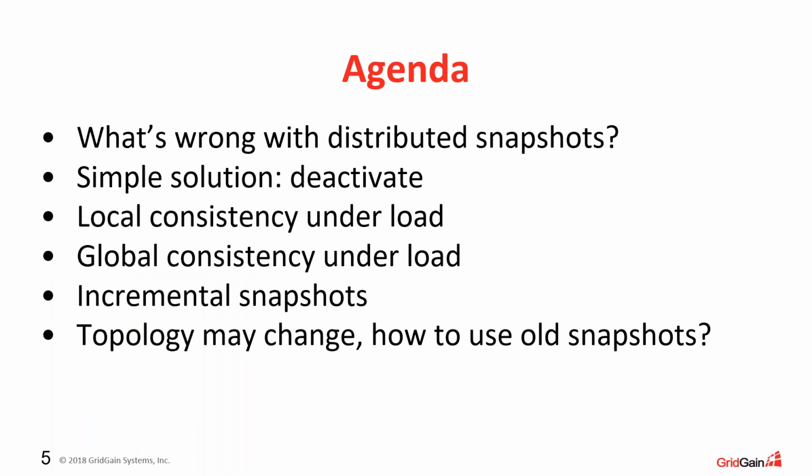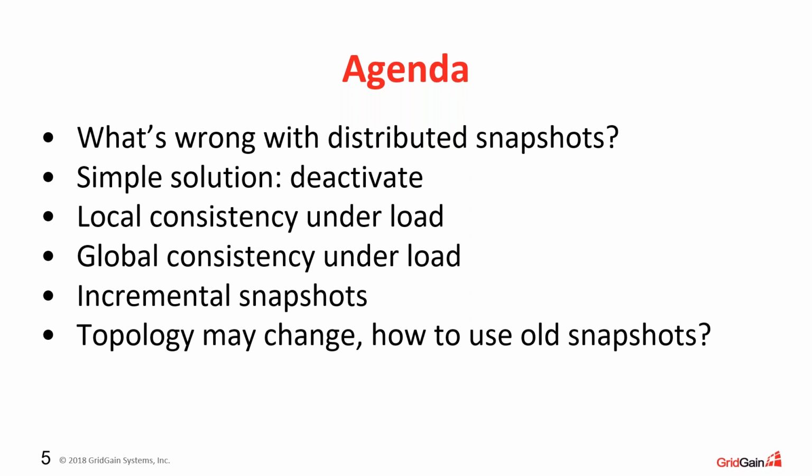Let's start with the agenda of today's webinar. Firstly, we'll discuss what's wrong with distributed snapshots, why making a snapshot in a distributed system is not so easy. Then we'll go on and discuss a simple solution that can be implemented in any distributed system with persistence through cluster shutdown or deactivation. Then we'll continue and achieve creating snapshots concurrently under user load.